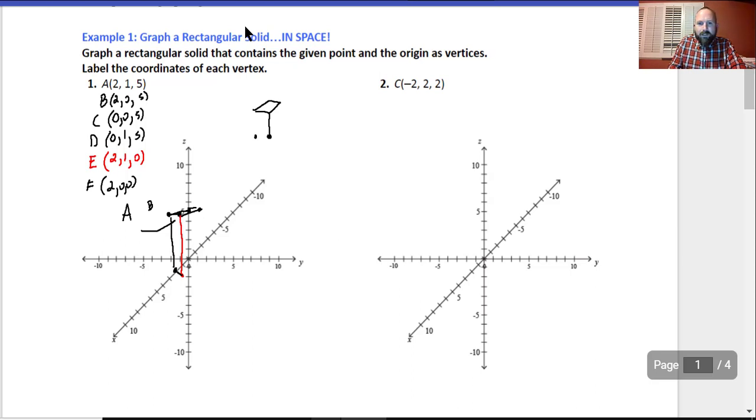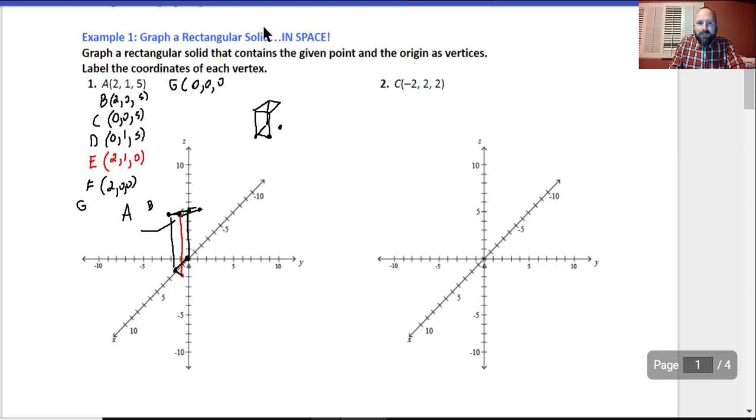So now that's what this looks like right here, except it's kind of off a little bit. That's okay. So now we're going to come around and do G. Now right up here, G is going to be our origin, 0, 0, 0. So right there, it comes right there. And this comes straight down right there. So that's this right here.